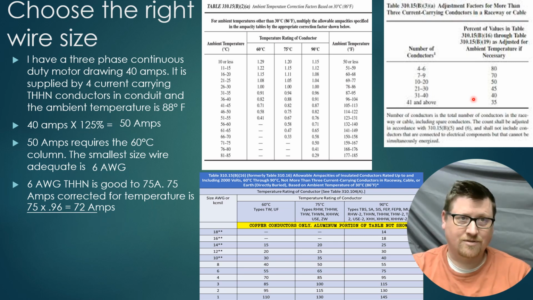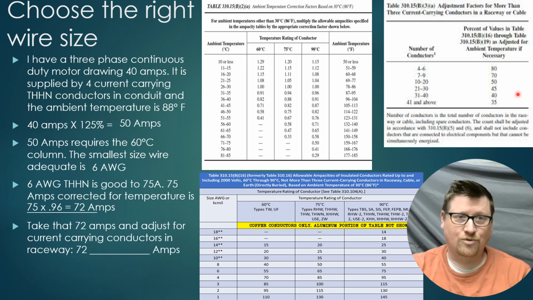We still have to do the next section. It says we have 4 current carrying conductors. We're going to have to use an adjustment factor of 80% if we've got 4 current carrying conductors. So we take that 72 amps. We're not taking the 75 amps.